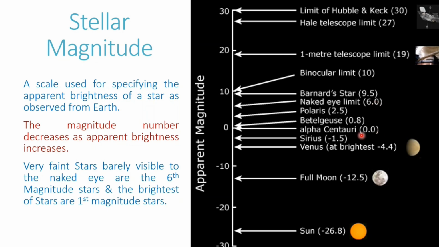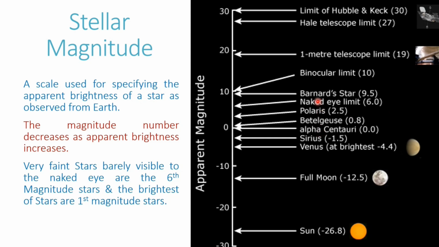The brightest of the stars which we have, like Betelgeuse, Alpha Centauri, Sirius, they are called first magnitude stars. So faint stars, barely visible to the naked eye, are sixth magnitude stars, and the brightest of the stars come under the first magnitude stars.